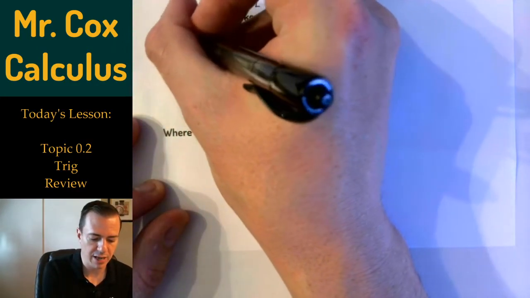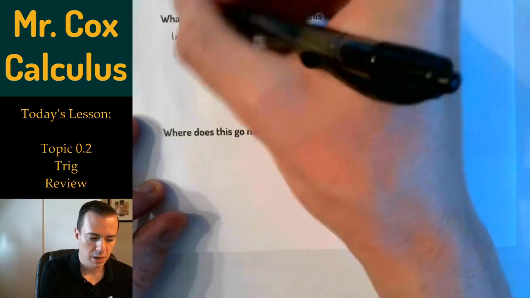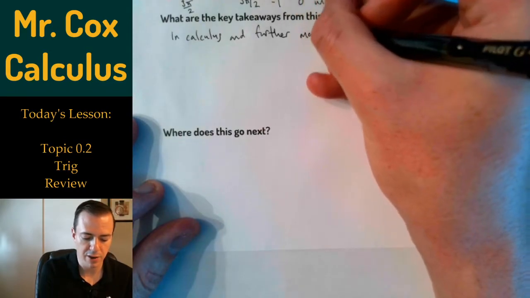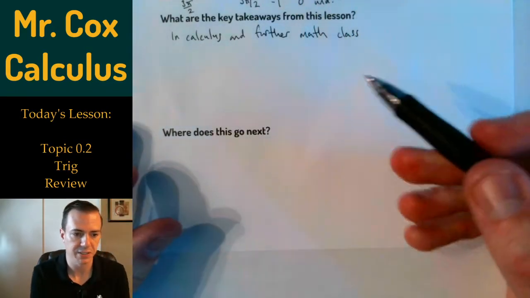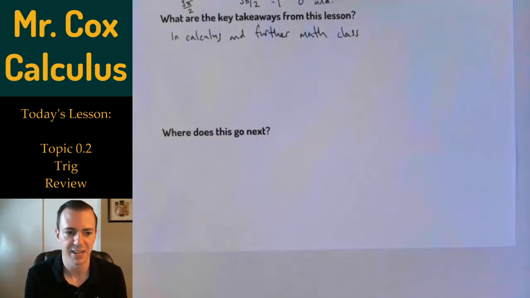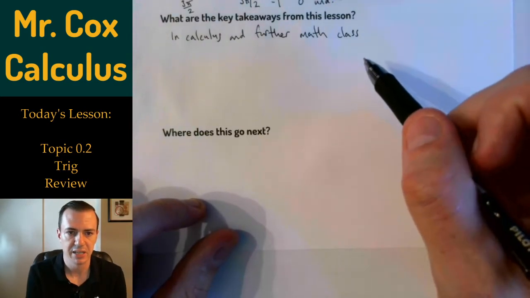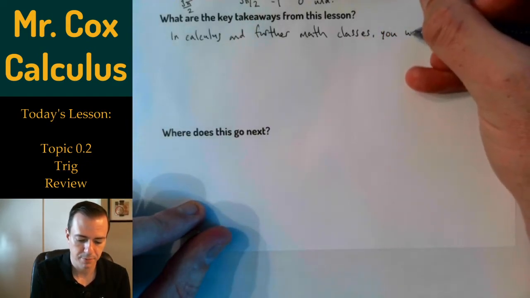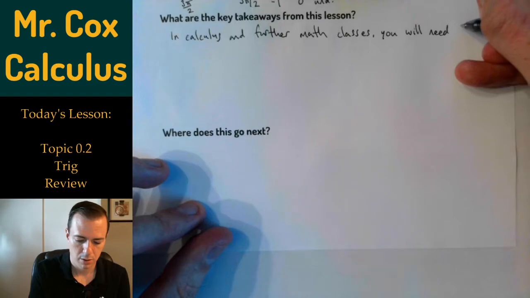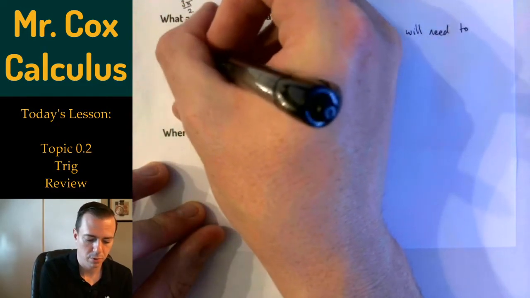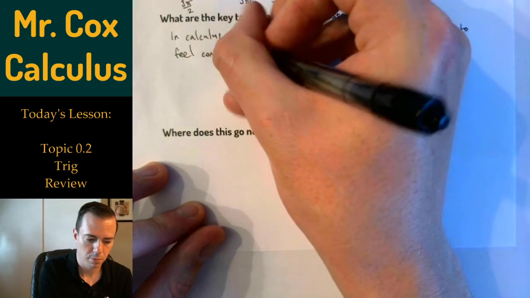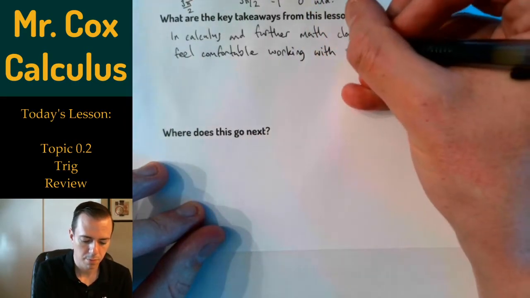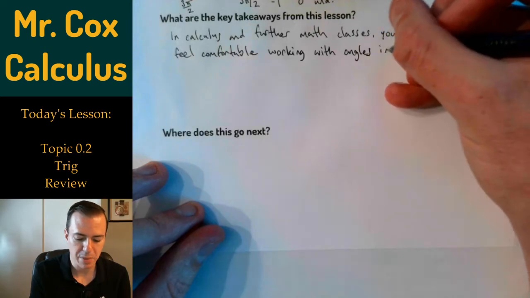As I said earlier, in calculus and further math classes, those of you who are going to major either in math or engineering or computer science or some sort of math-based science where you'll take math classes beyond just calculus here, but in calculus and further math classes, you will need to feel comfortable working with angles in radian measure.